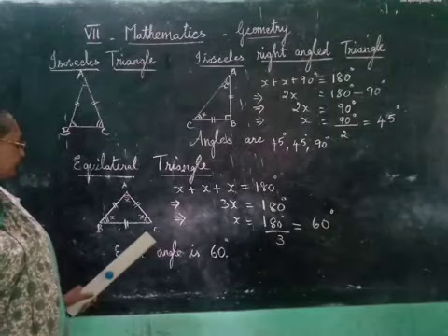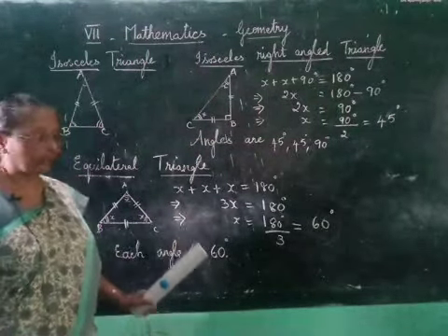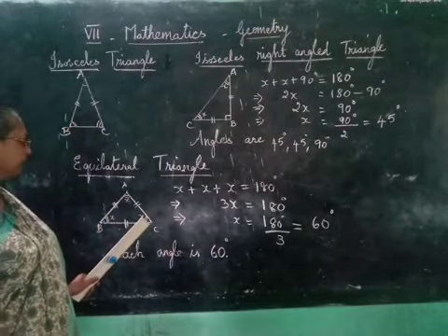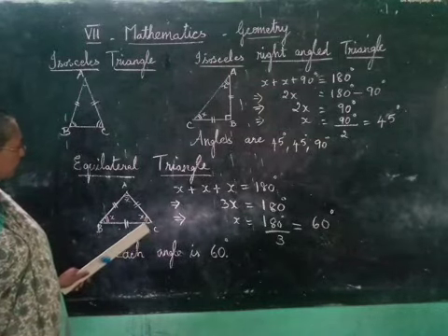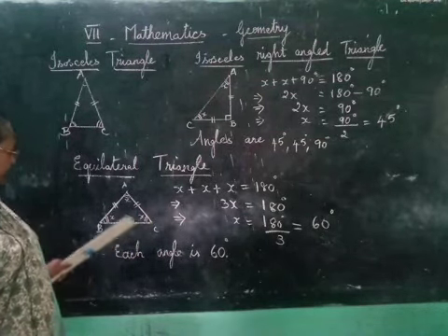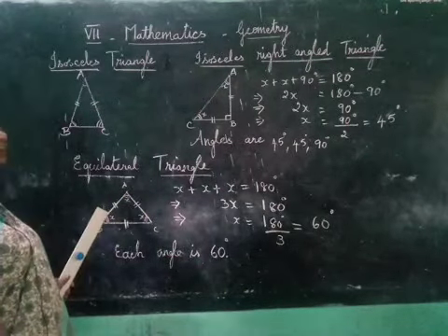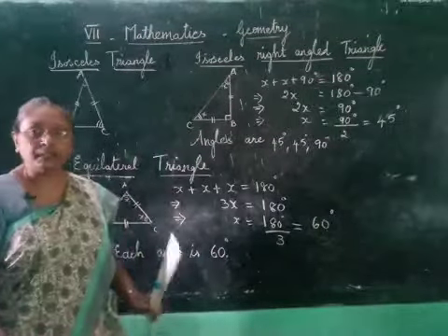In that case, angles opposite to equal sides also will be equal. Therefore the angle opposite to AB will be x, the angle opposite to BC also will be x, and the angle opposite to AC also will be x. So all these three angles will be equal.